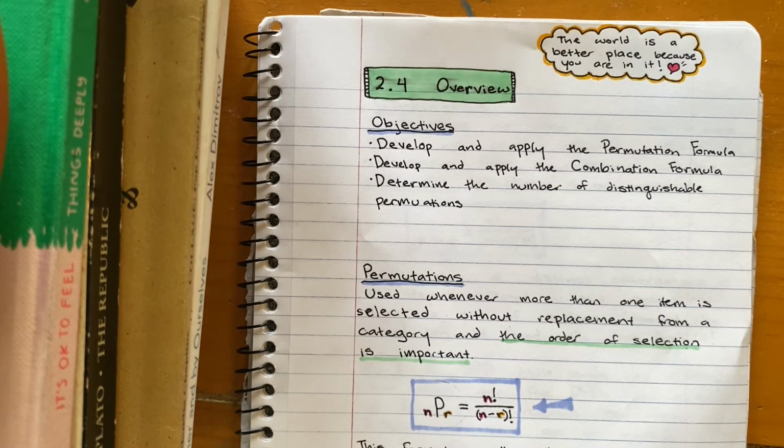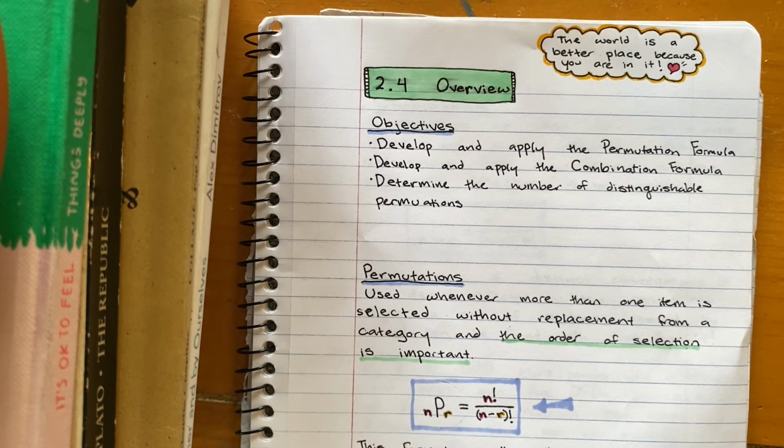So for example, if you're choosing a PIN number, you have 4 options for your PIN number, and for every single slot of those 4 options, you can choose any number from 0 through 9, and you can repeat whatever number you want however many times, and it doesn't matter, but the order does matter.